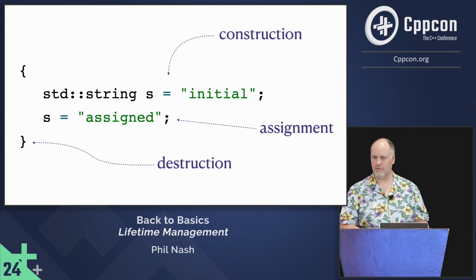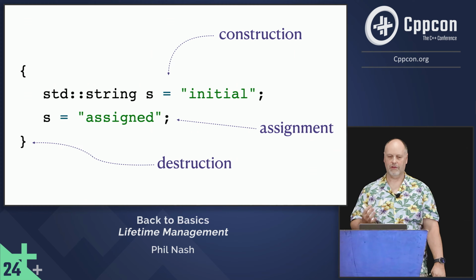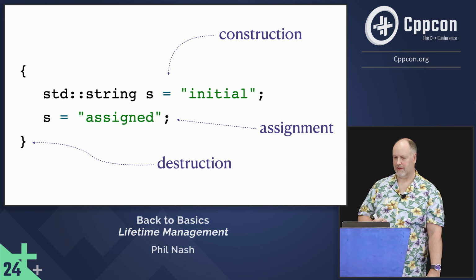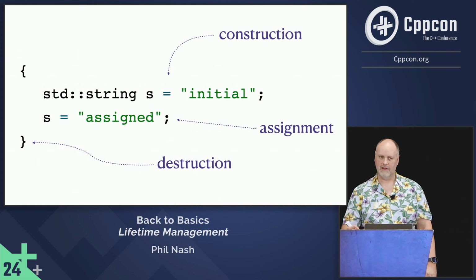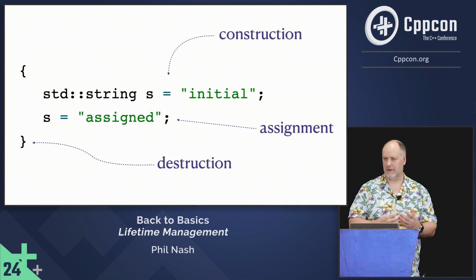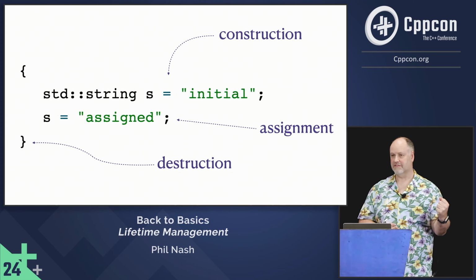Obviously, we could do the same thing with something like std string. Std string models a value type in the same way that ints do. So we go through those same phases. We can construct strings with initial values. We can assign them new values. And of course, at the end of their scopes, they go out of scope, they're no longer accessible. But now there is actually a destructor that runs and does some work.